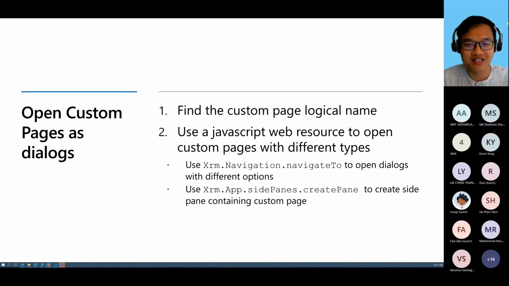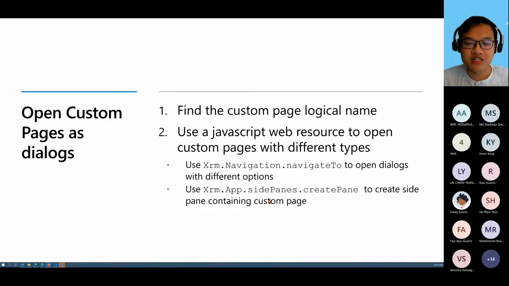We just have a script to open the custom page, or in this case, to navigate to the custom page. And then we pass in a few options, like we want to show it in the center or in the side, right-hand side. So just pass in some options and call navigateTo, and we will show the dialog correctly with our custom page.